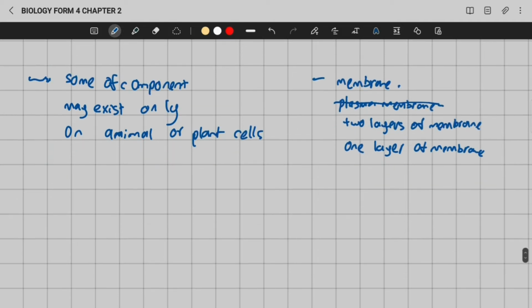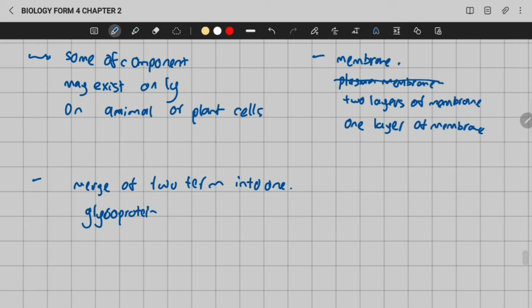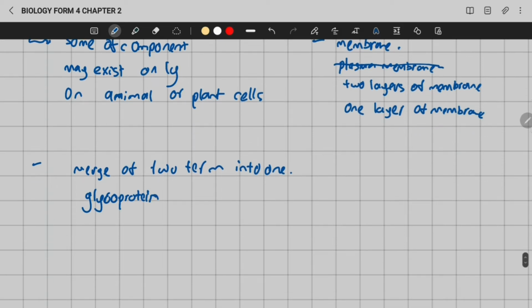And some of the terms merge two scientific terms into one term. You can see this in glycoprotein. I think you will learn more in chapter 3 about the glycoprotein and so on.